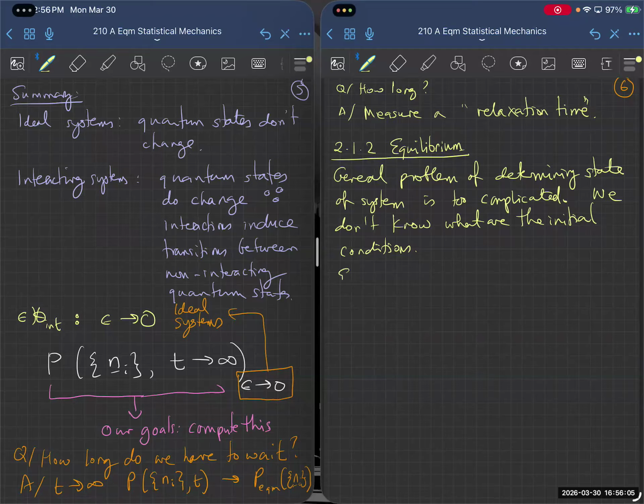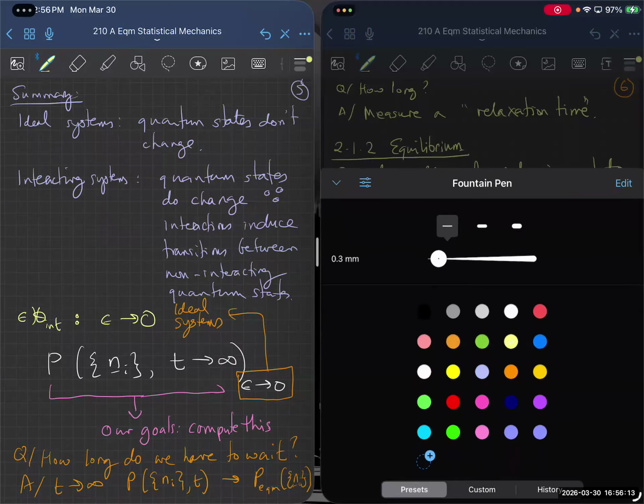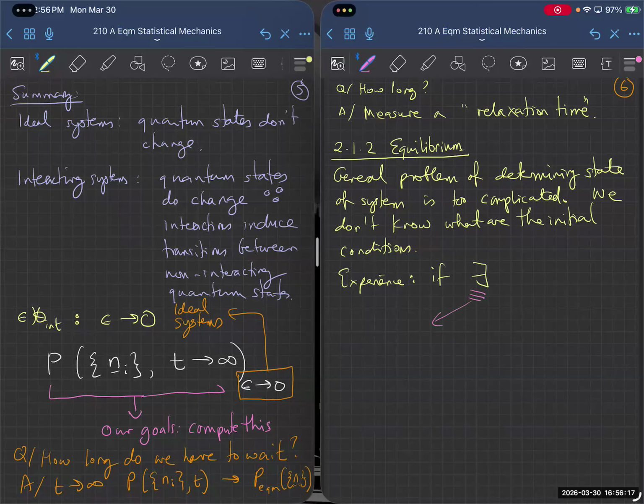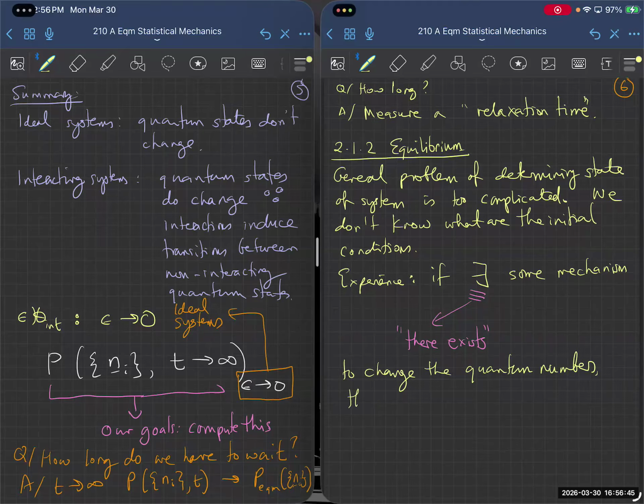So basically all we know is from experience that if there exists, and that's what this thing means, if there exists some mechanism to change the quantum numbers, in other words, to cause transitions, then eventually all initial conditions will have evolved into a state with the same properties.